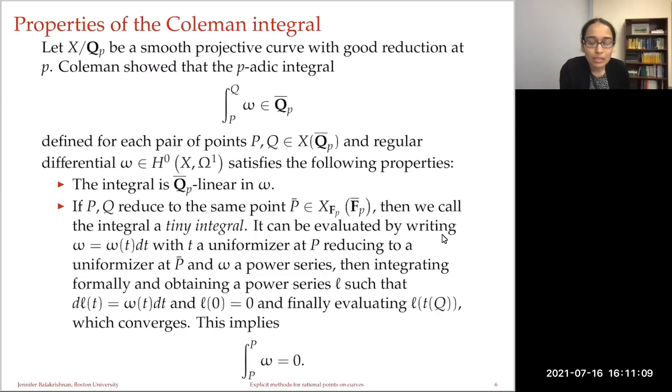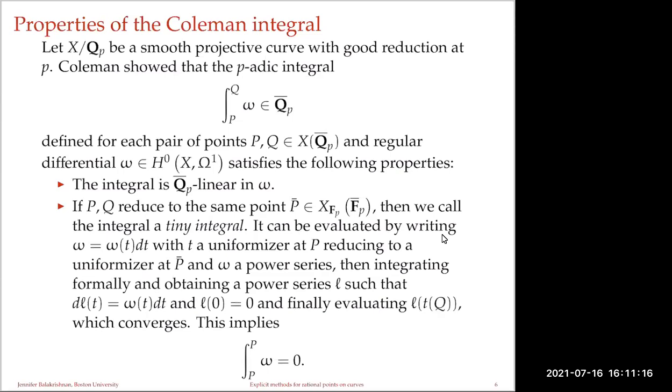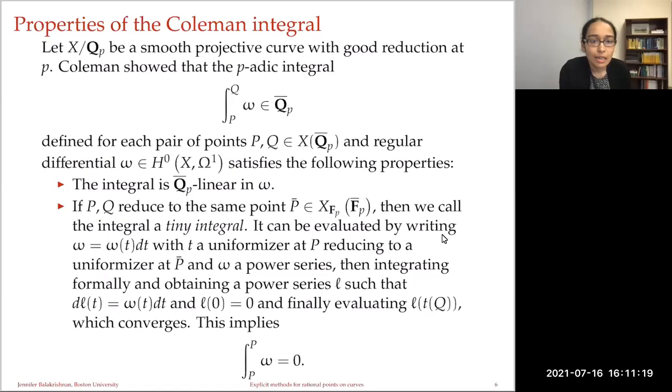And we can compute it by writing down a uniformizer at one of the endpoints, say P, it doesn't matter which one, but suppose we pick P, and then writing down the differential omega in terms of that uniformizer T, and then integrating that power series formally, which gives us a power series L for which the derivative is omega(T) dT, and which has zero constant coefficient. And then finally evaluate L at the other endpoint.